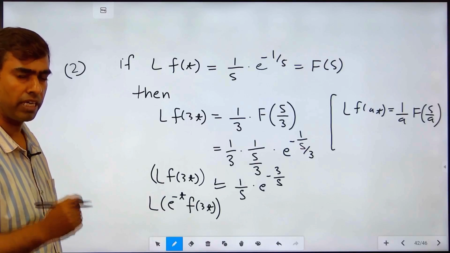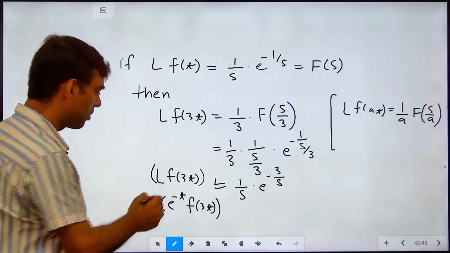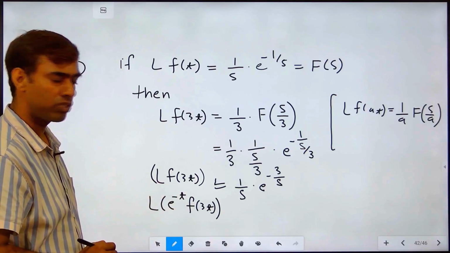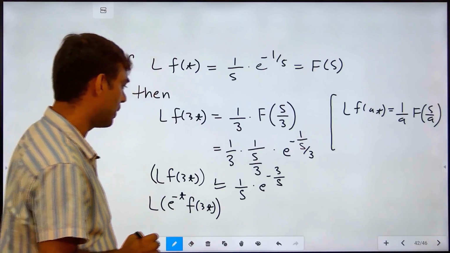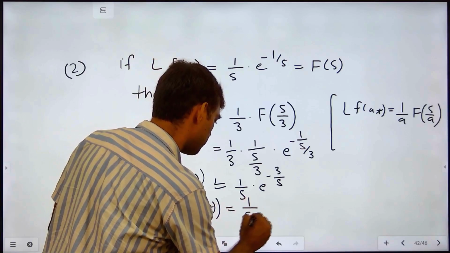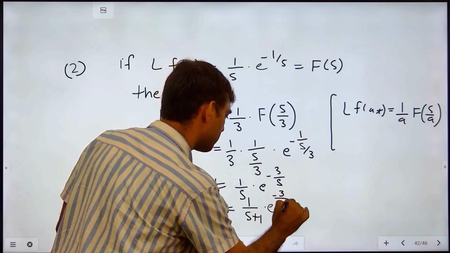Means in place of s we write s minus a. But here what is the value of a? a is minus 1, so we replace s by s plus 1. So this becomes 1 upon s plus 1 into e to power minus 3 upon s plus 1.